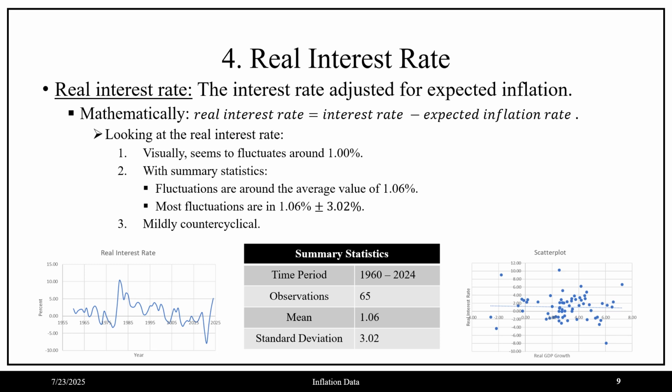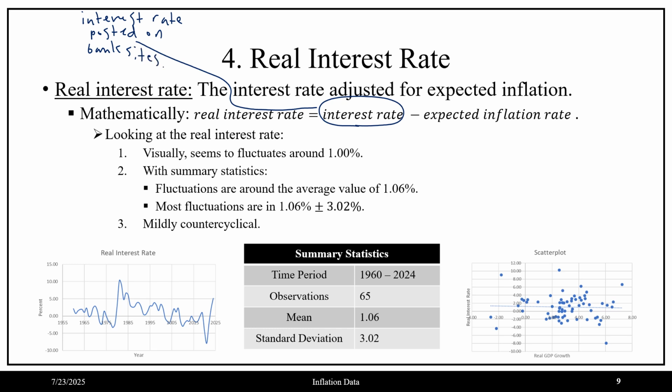Okay. Let us now repeat this, but for interest rates. Here we're going to look at the real interest rate. This is the interest rate adjusted for expected inflation. Mathematically, this is just the interest rate minus expected inflation, where the interest rate is the nominal interest rate, the interest rate posted on bank sites.